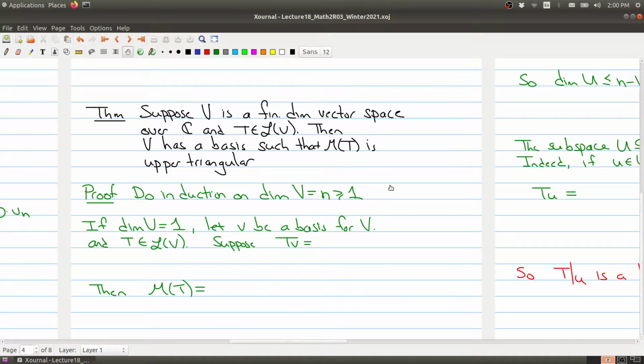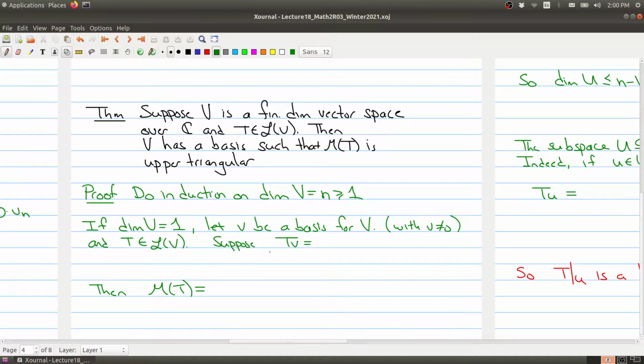So let's look at the base case. Let's first assume that our vector space is one-dimensional. Then you can take any vector v, with v not equal to 0, and that will form a basis for your vector space. Take any linear operator T on this vector space.